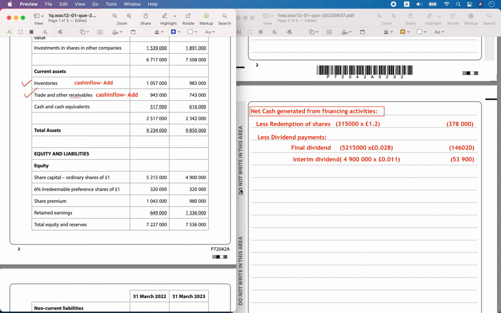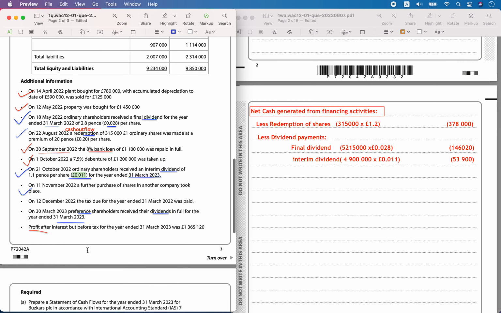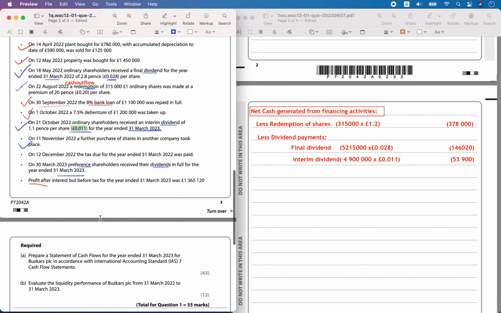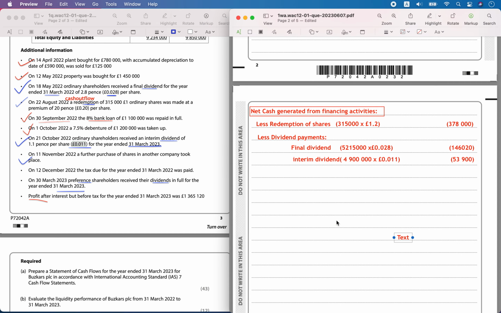There were 320,000 shares, and they were paid at the rate of 6%.